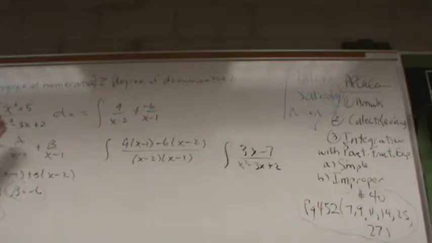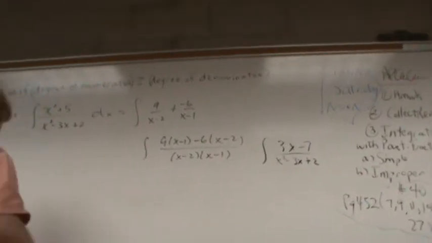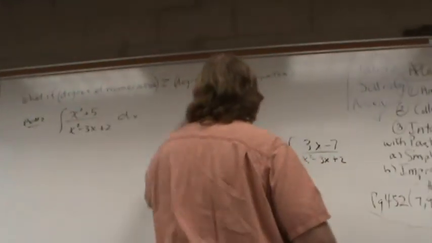The reason is you have to do polynomial division first. This partial fraction decomposition stuff only works on proper fractions, not improper fractions. So let me now show you the process you're going to have to go through. You can't just haul off and do partial fraction decomposition, or you'll get a wrong answer.